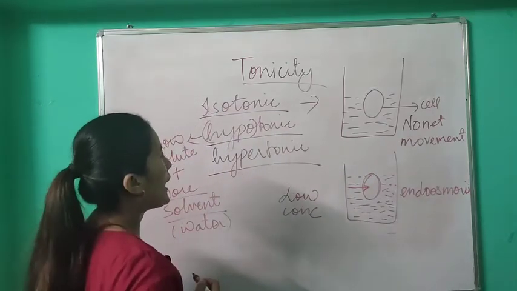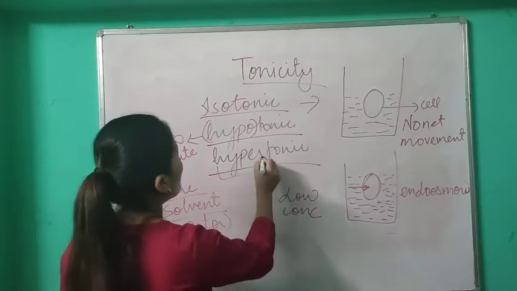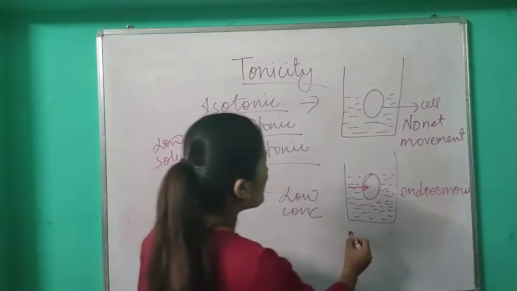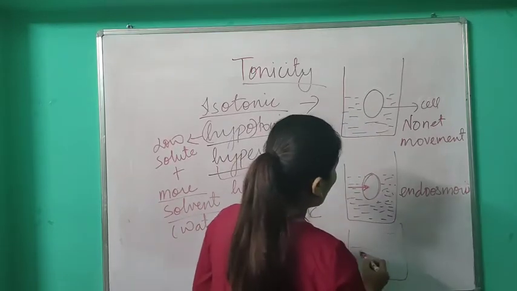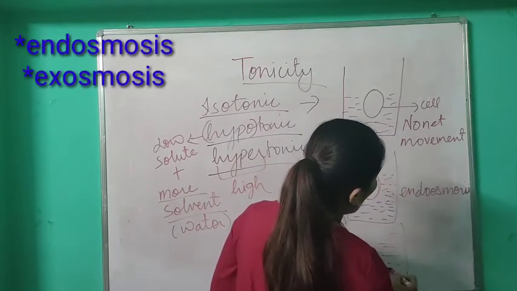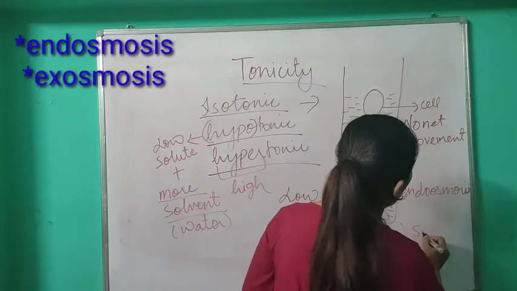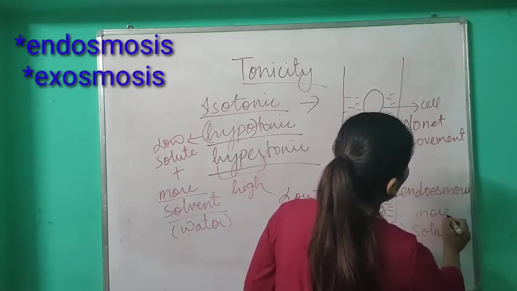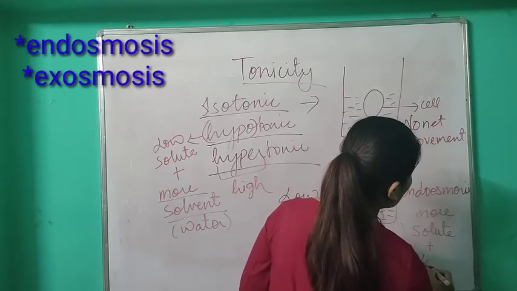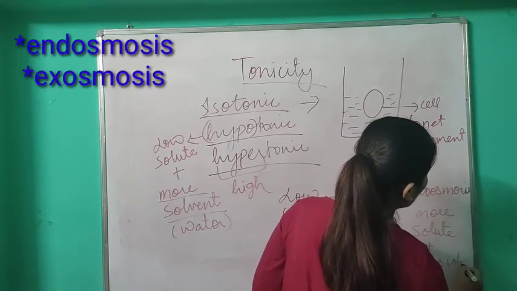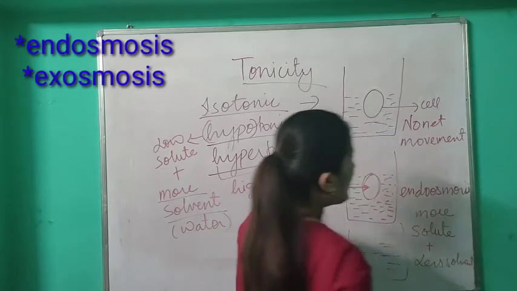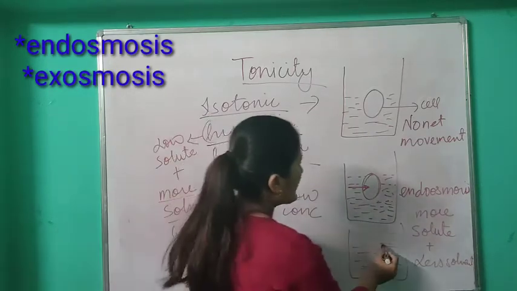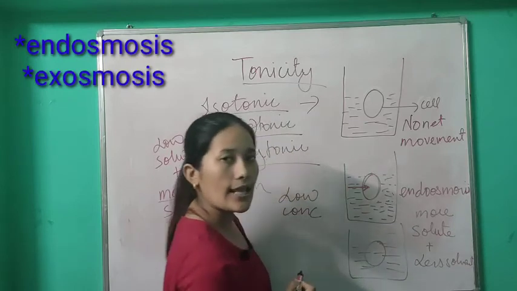Next, coming to hypertonic. Hyper means high. So your solution contains more amount of solute. More solute means less solvent as compared to inside the cell.